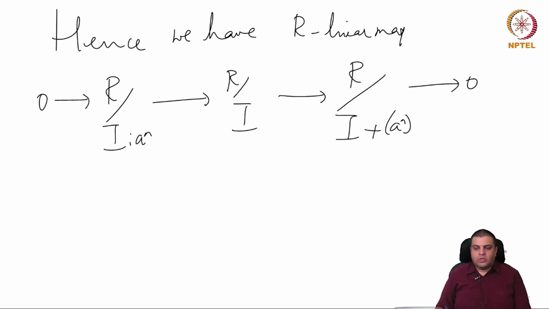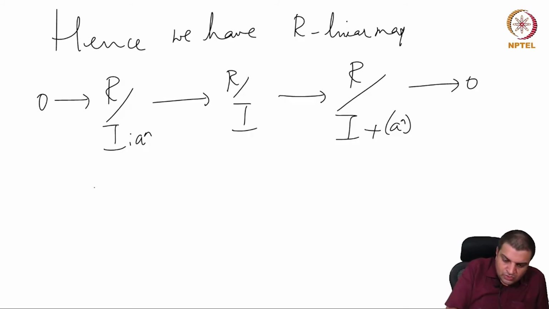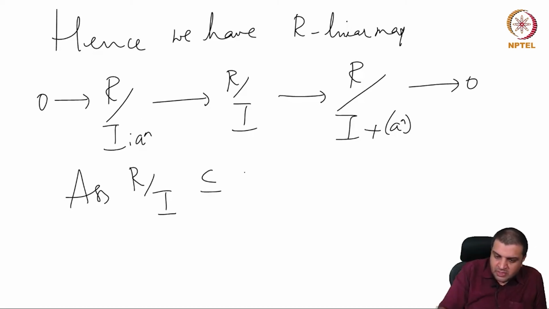So this is what the map is. Now this says that the associated primes of R mod I are in the union of the associated primes here and here.